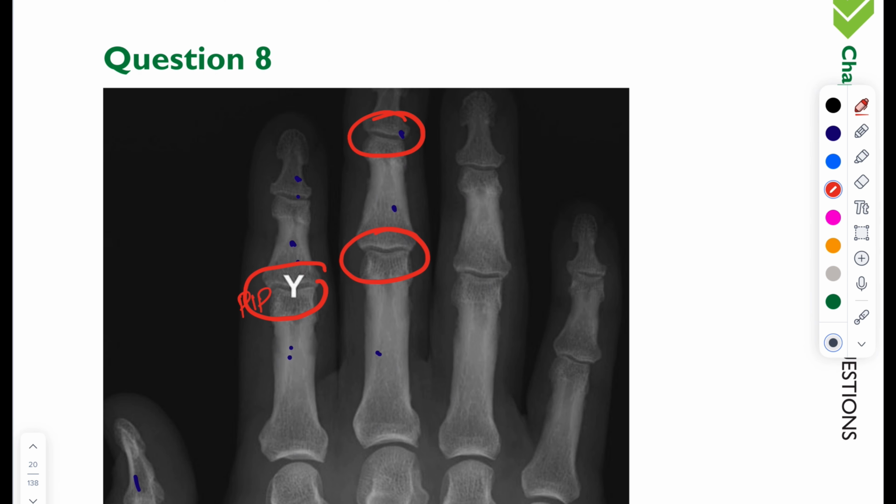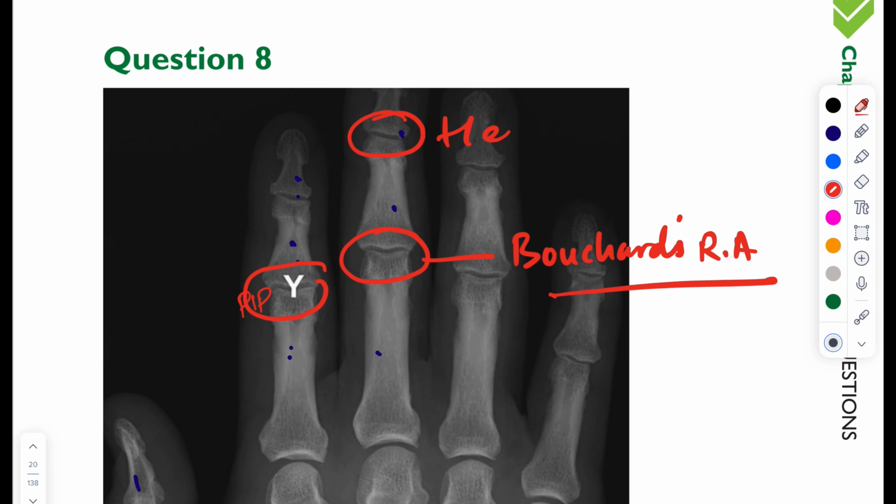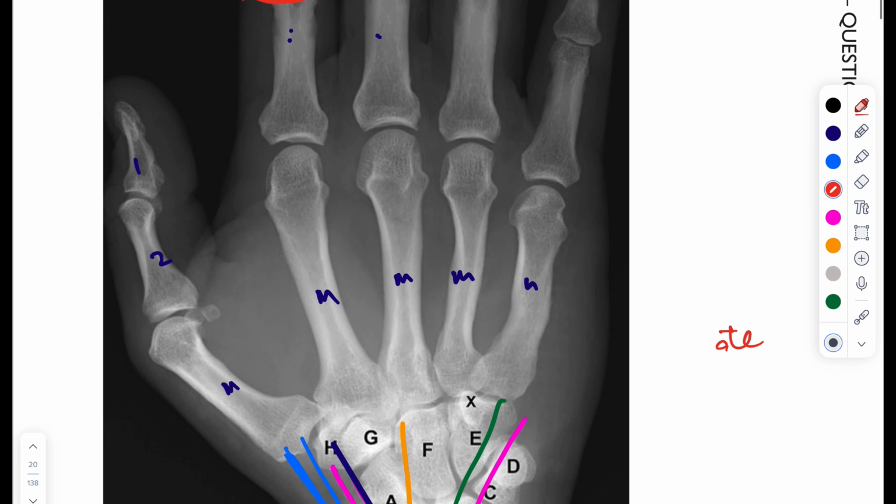Pathological enlargement of the proximal gives rise to Bouchard's nodes. Bouchard's nodes are seen in rheumatoid arthritis. And the distal leads to Heberden's nodes, in osteoarthritis. So rheumatoid is proximal, distal is osteoarthritis.